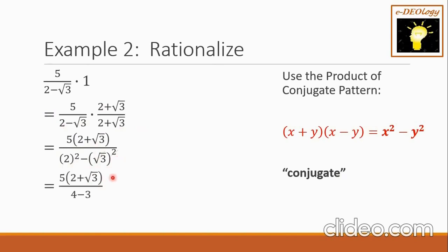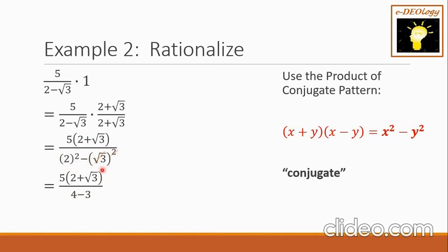In the next line, we're going to simplify our denominator. So it means the numerator we simply copy here. In the denominator, the 2 square becomes 4, and then minus the radical will be cancelled along with that power 2.